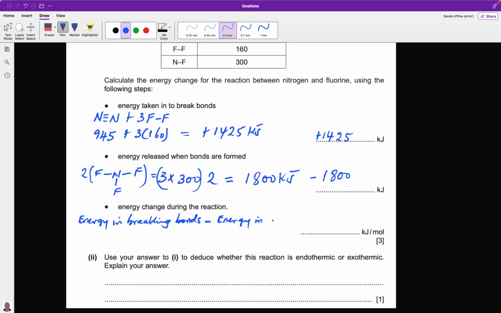In breaking bonds, we have 1425 minus 1,800.